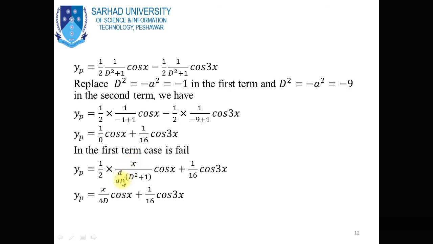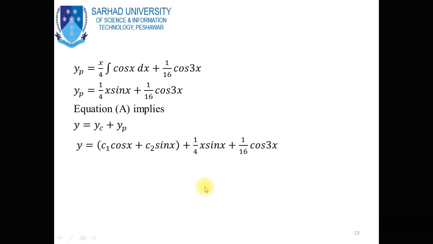So x divided by the derivative of D^2 + 1, which is 4D. Now 1/D means integration. The derivative of D^2 is 2D, and 2 multiplied by... so 1/D means integration. So you see over here the integration of cos x with respect to x, plus 1/16 cos 3x, and the integration of cos x is sin x, so we write 1/4 x sin x + 1/16 cos 3x.